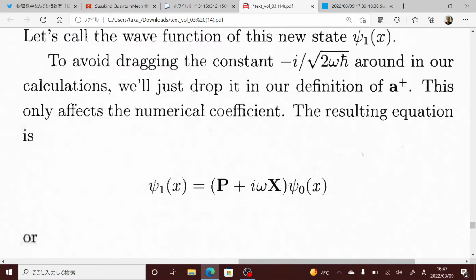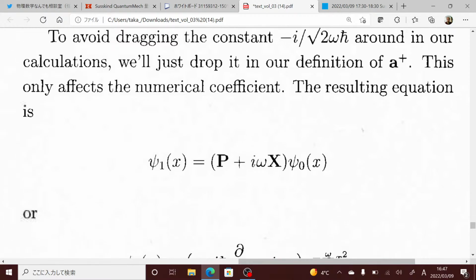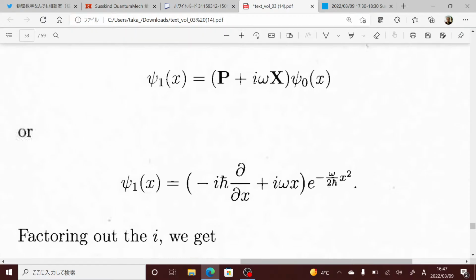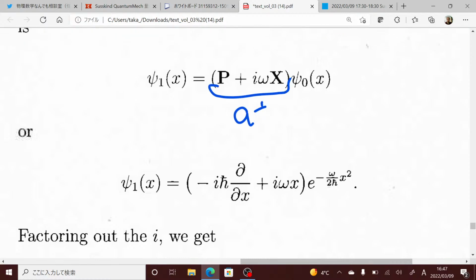The resulting equation is psi 1 of x equals A plus applied to the zeroth ground state projected to the x basis.